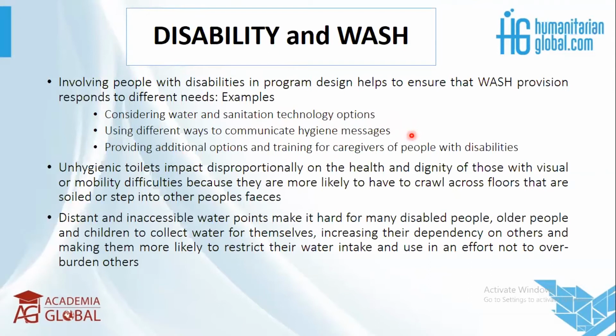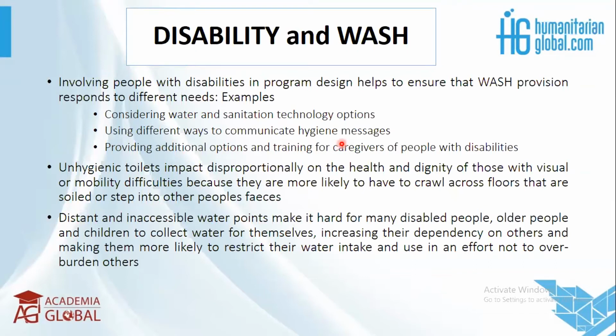There may be those who need a caregiver, so you may need to look at options of training caregivers of people living with a disability. So it's about what we talked about, it's about inclusion. When you involve them in program design, you ensure that your WASH provisions really respond to their needs.